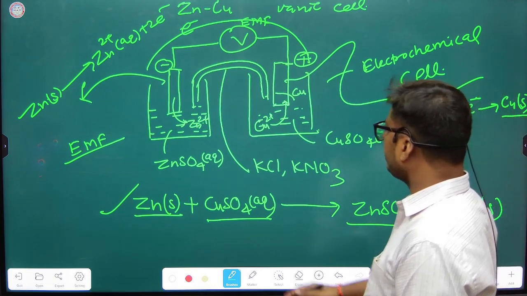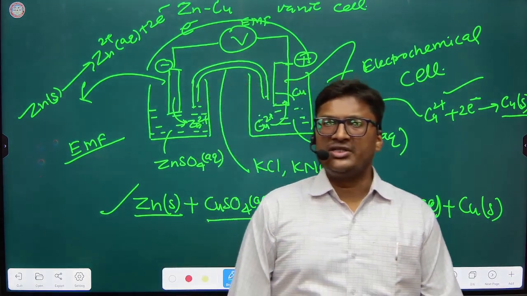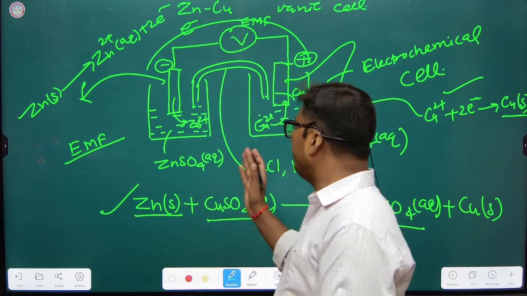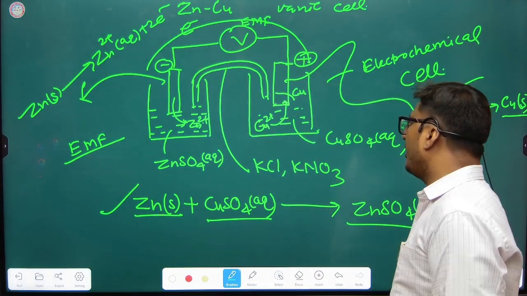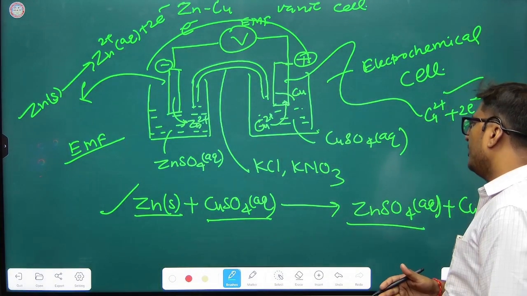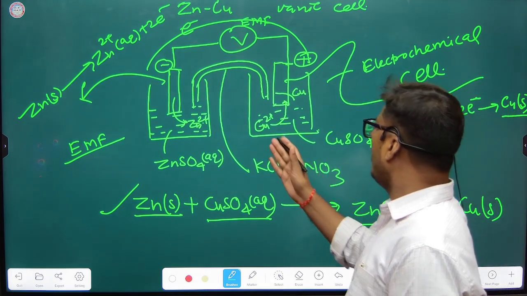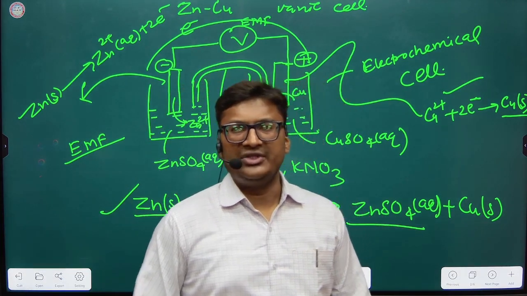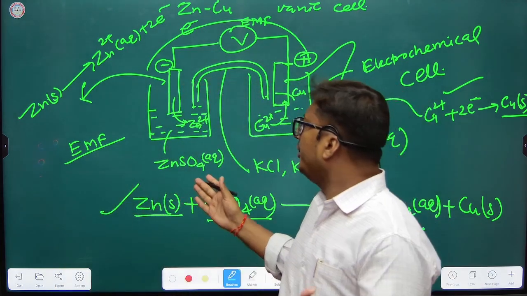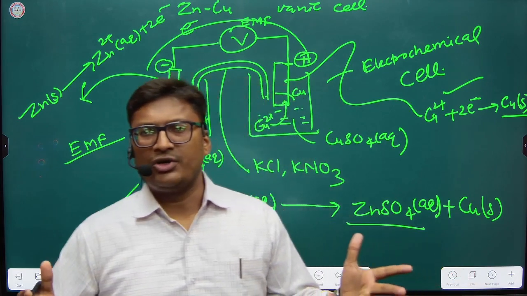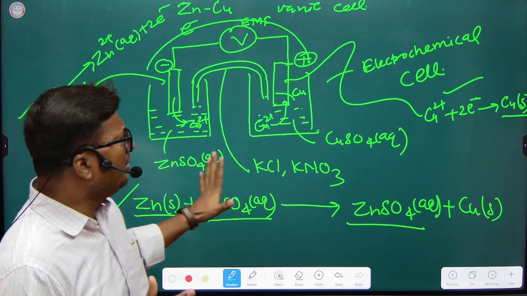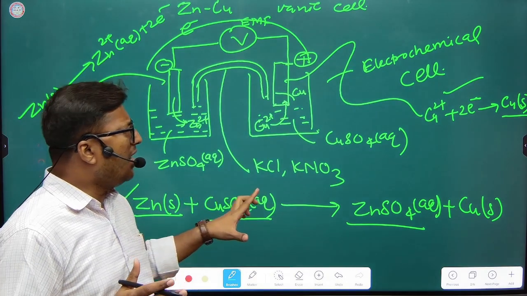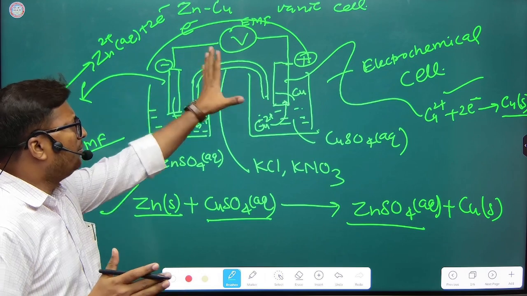Because of the charge transport in the solutions and ion exchange reactions in the solution, sometimes there is a heating effect, and that heating effect actually affects the cell potential or EMF value of this galvanic cell, right? It means if there is a decrease or increase of temperature, the electrochemical cell actually gets affected, because of the resistance, which will be either high or low depending on the temperature of the particular setup.